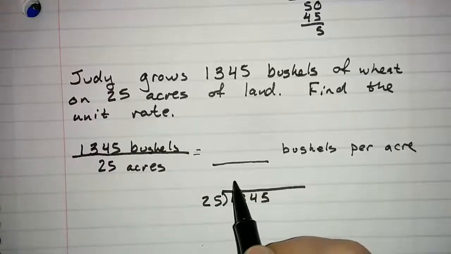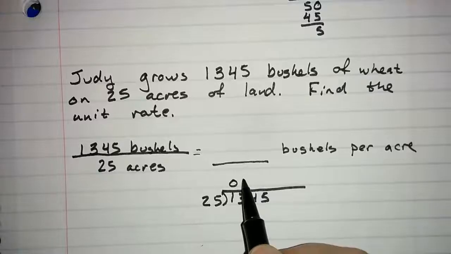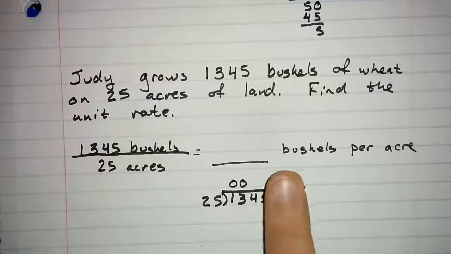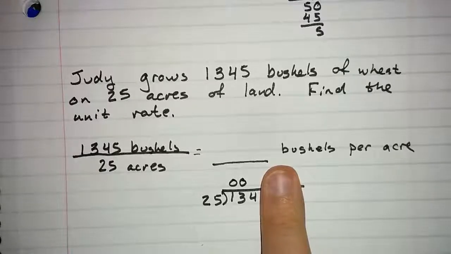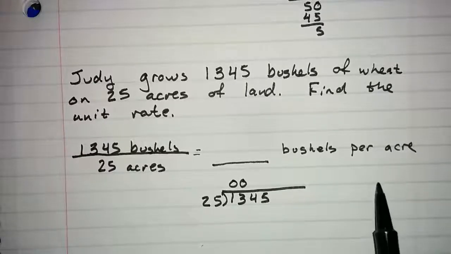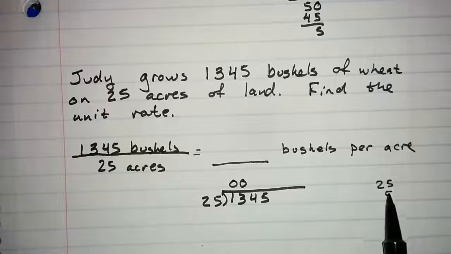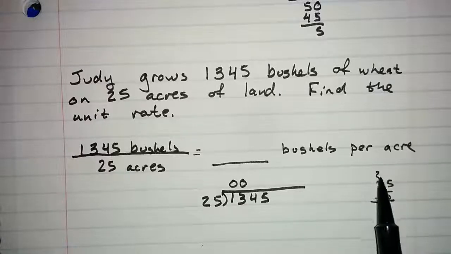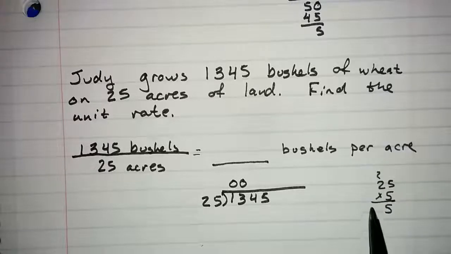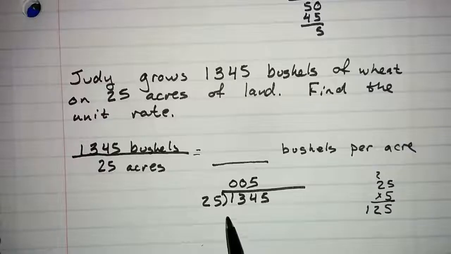25 goes into 1? No. Into 13? No. Into 134? At least once. I think 5 times, right? 25 times 5. 5 times 5 is 25. 5 times 2 is 10. Plus 2 is 12. Yeah, that's it.